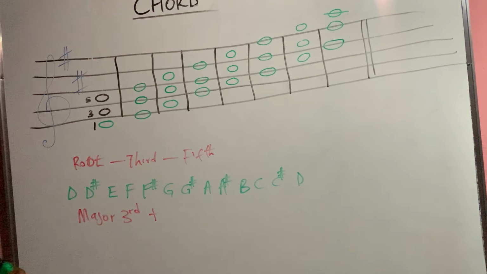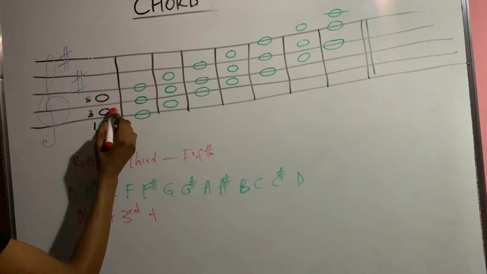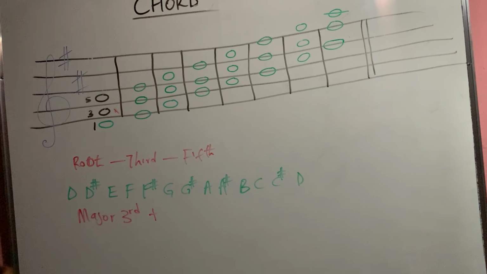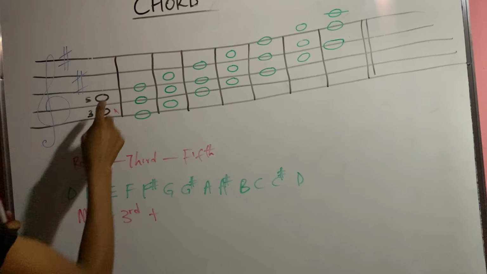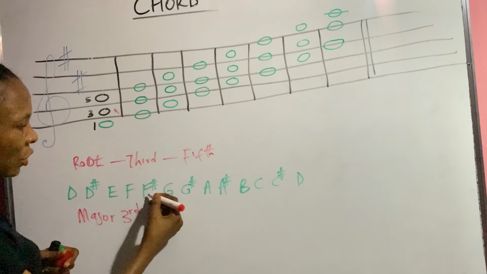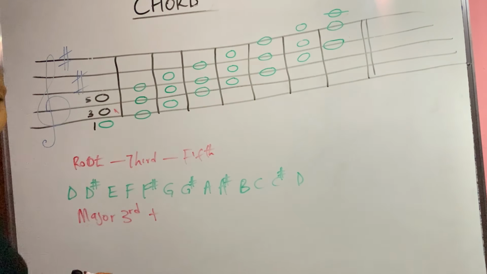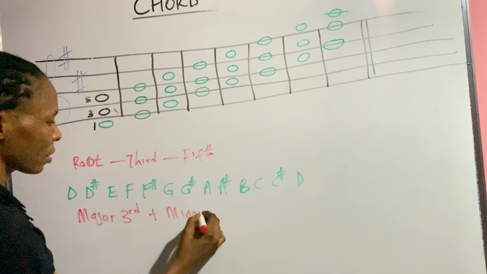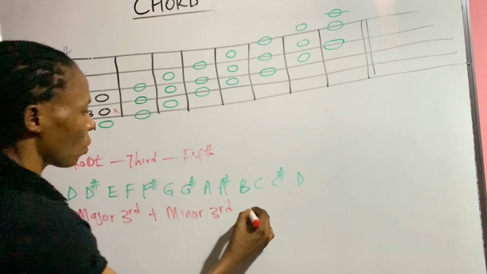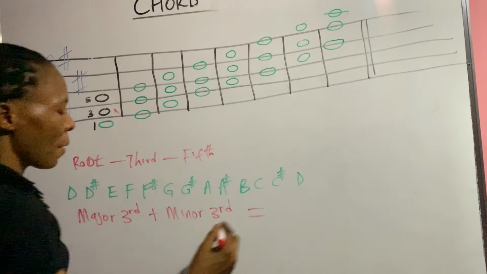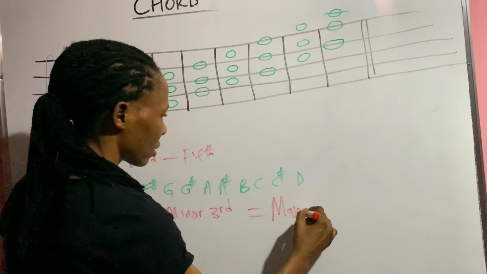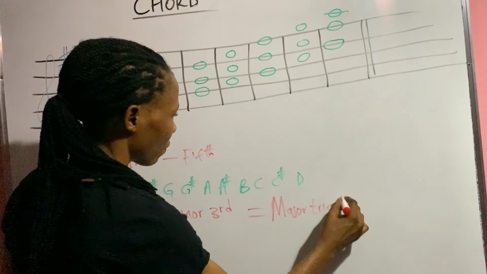Plus, now I'm starting from F sharp to A. F sharp, 1, 2, 3 is a minor third, right? So a major third plus a minor third will give you a major triad. Please take note of this.